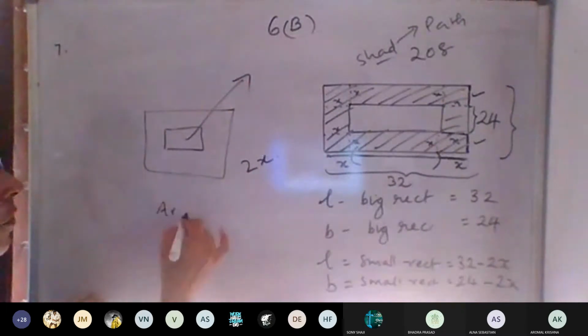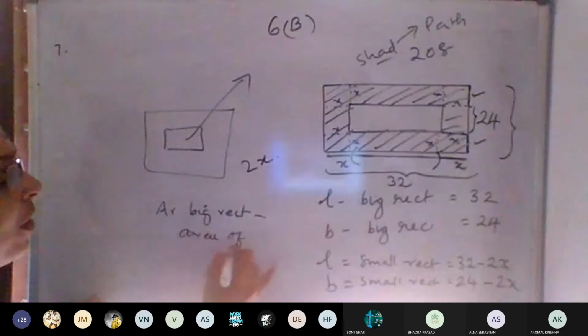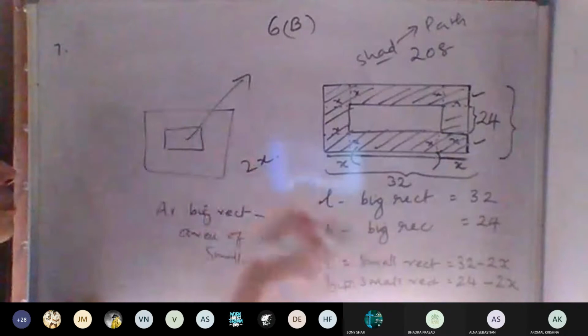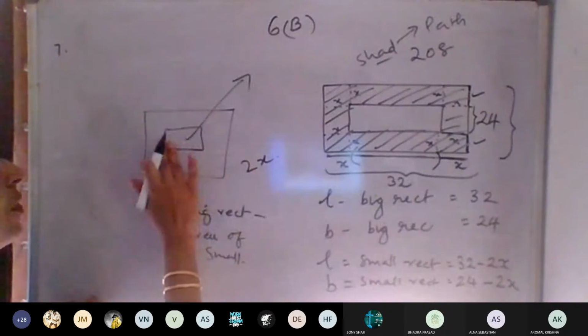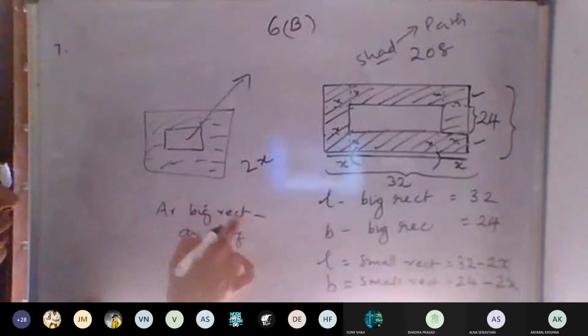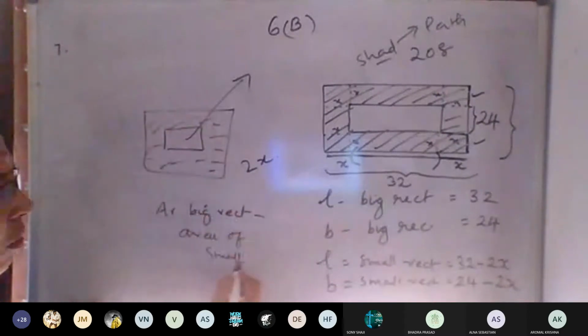If we take this, we will get only the remaining portion, that means the area of the path. That is area of big rectangle minus area of small rectangle.